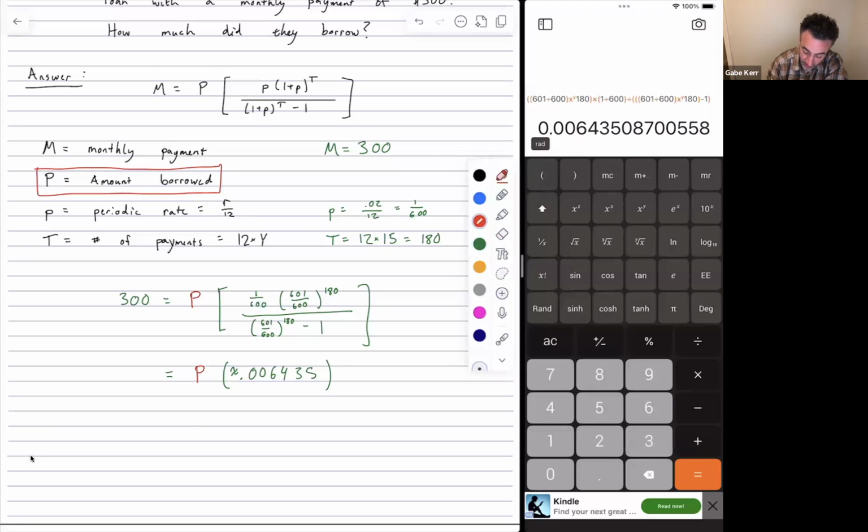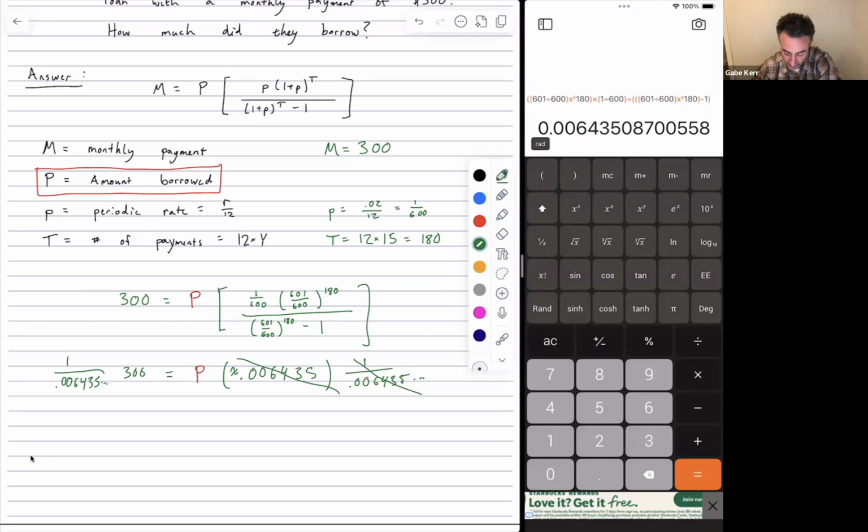In other words, I'll take the reciprocal of this number and multiply both sides times the reciprocal. So I multiply on the right-hand side by 1 over this ugly number, 0.00643 5, dot, dot, dot. Because I multiplied by this reciprocal, I just get P alone.